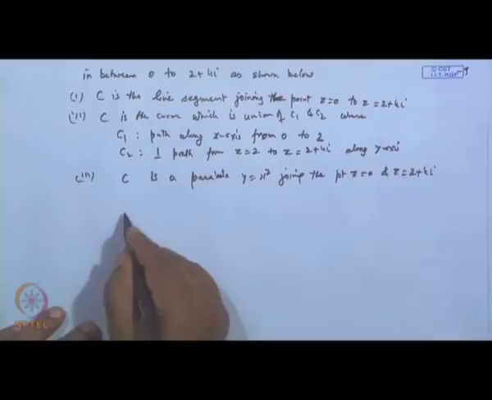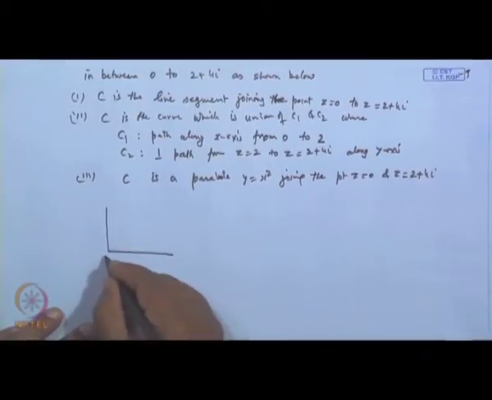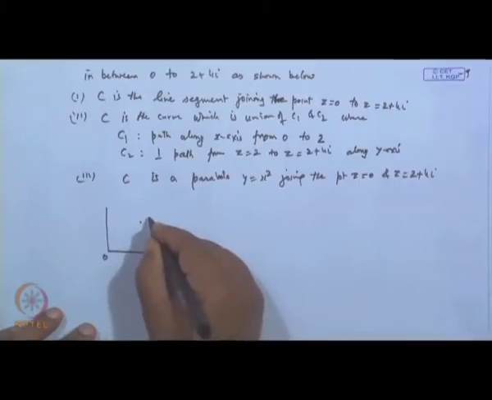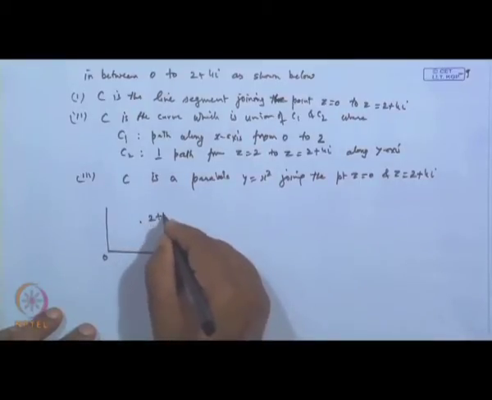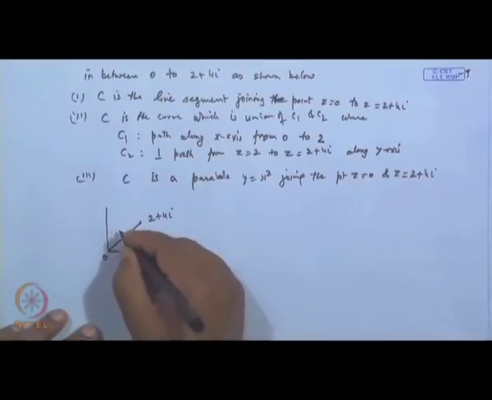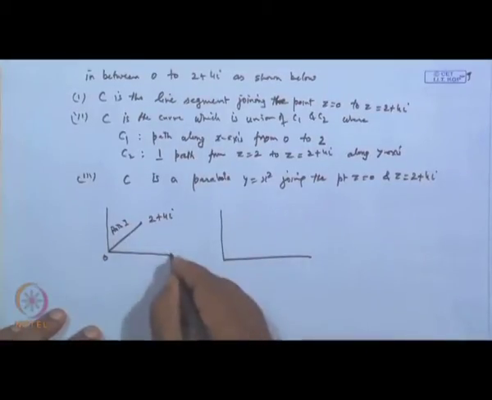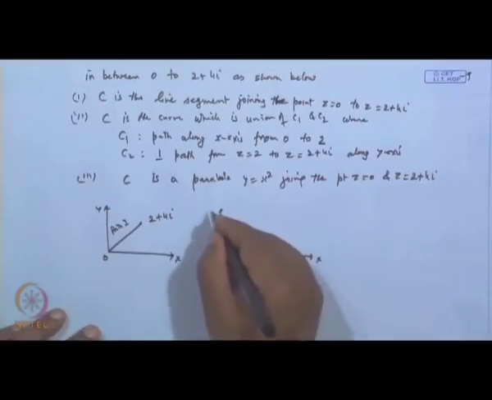This is the first case, z equal to 0 is this point, here is z equal to 2 plus 4i, so this is the first path. Here this is the x axis, this is the y axis.